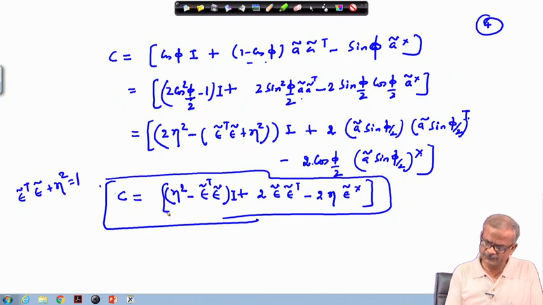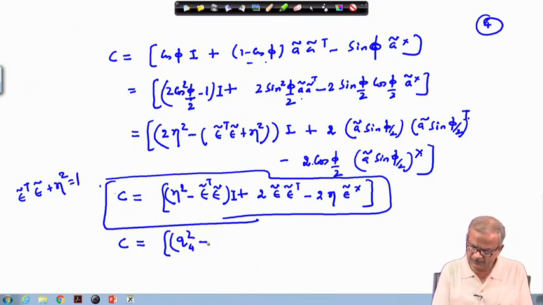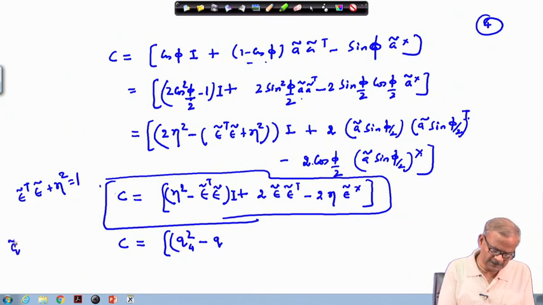And it is very useful. So, either you write in terms of Euler parameters or you write in terms of the quaternion notation. So, if you use the quaternion notation, the same can be written as q 4 square minus q tilde transpose q tilde I plus 2 q tilde times q tilde transpose minus 2 q 4 times q tilde cross. Here q tilde means we are using q 1, q 2, q 3.